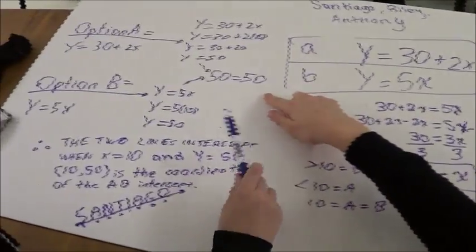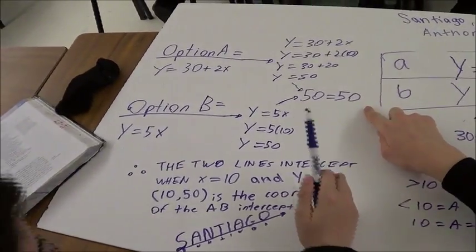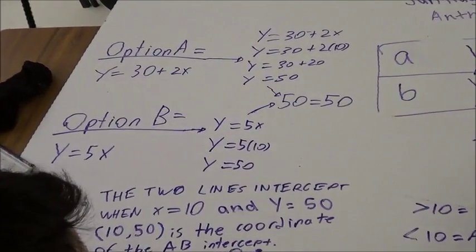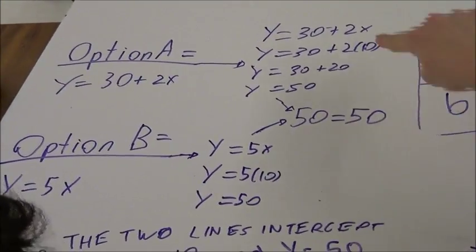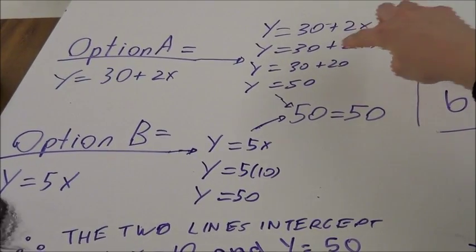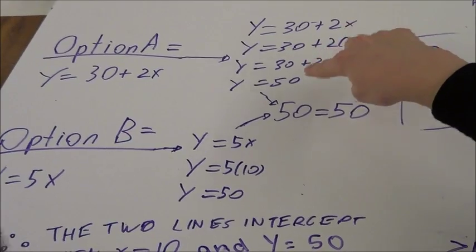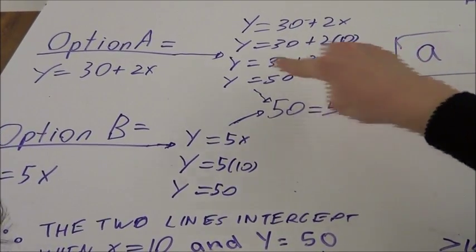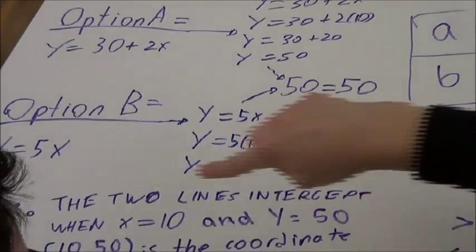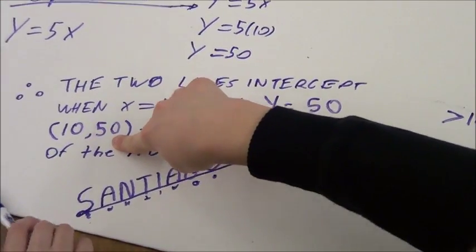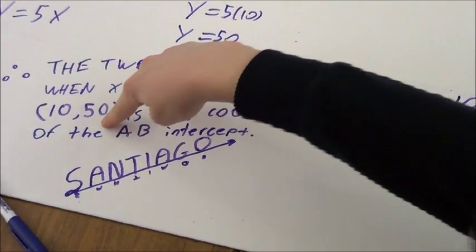Then over here, we calculated what y equaled by applying x equals 10 to the formula. So 30 plus 2x, x being 10, we calculated that y equals 50. Then over here, we wrote down the coordinates at which the lines would intersect.